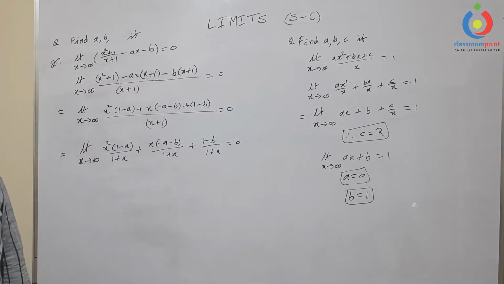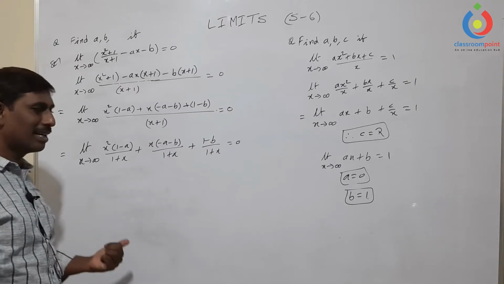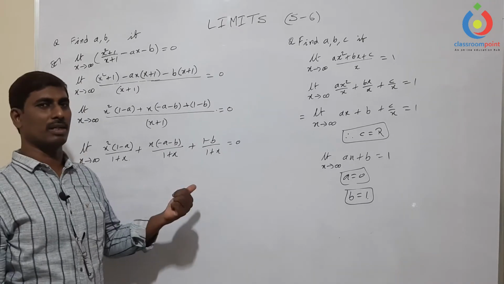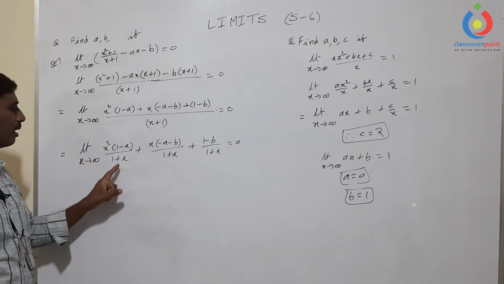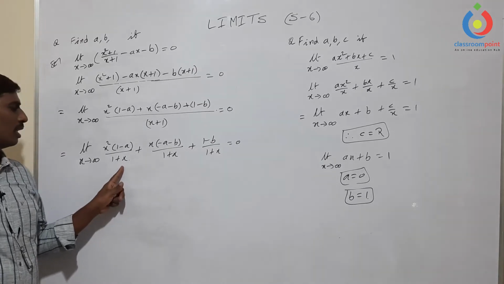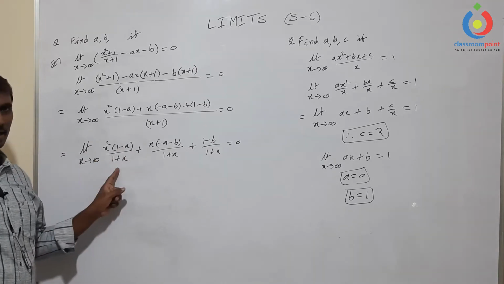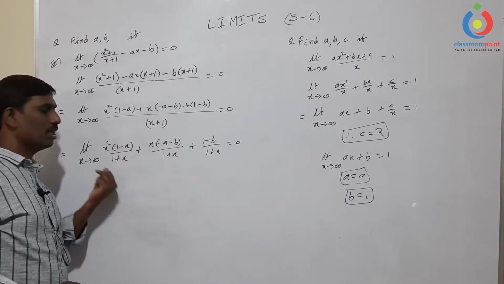Sir, when we get 0, denominator degree is greater than the numerator degree, then it will get equal to 0. But here, numerator degree is higher than the denominator degree. So it is infinite. But we don't want infinite. So what we do? This is totally 0.